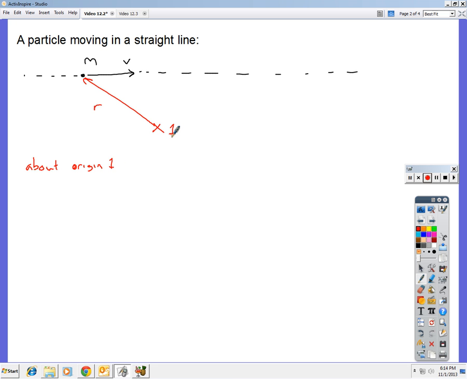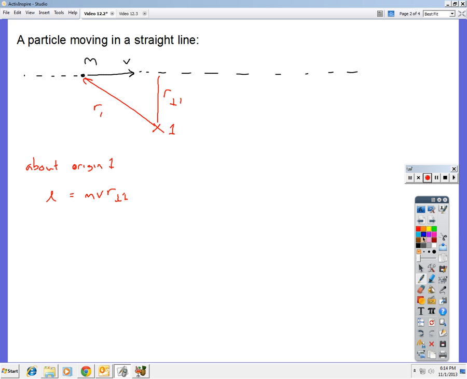I'll label that 1. The angular momentum is equal to mv, and I'll call that r perpendicular 1.